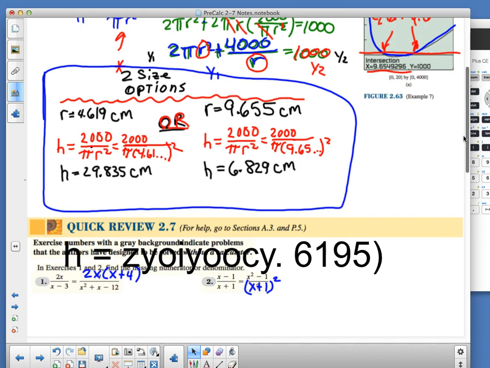I have quick review 2.7. I'm not going through those. I want you guys to practice them. Some of the things I'm noticing is that we're not finishing evaluation. We're not doing great with multiplying and knocking out the right stuff. So I would like you to spend the next 7 to 10 minutes, and just do those bottom 2, 4, 6, 8, 10 questions.